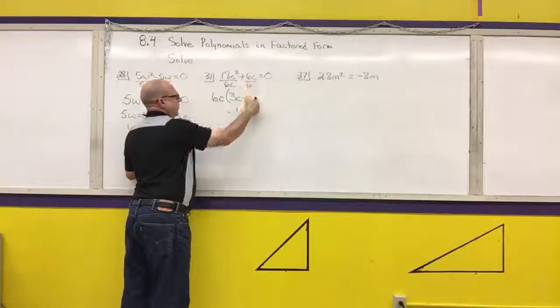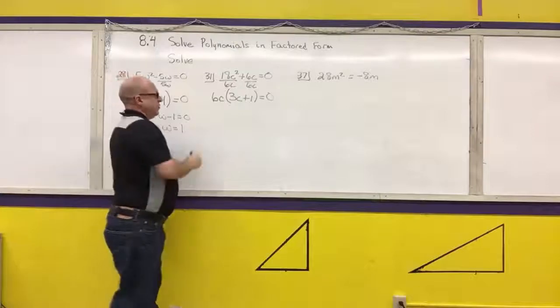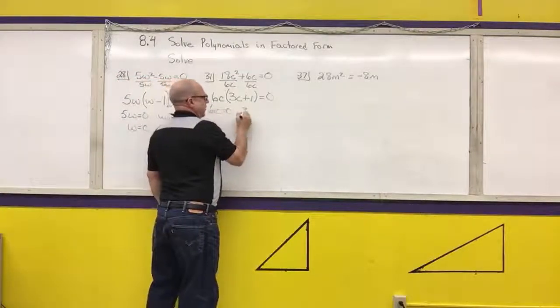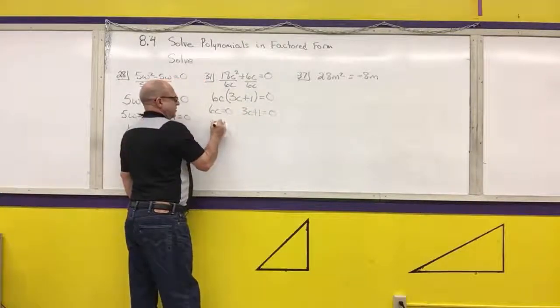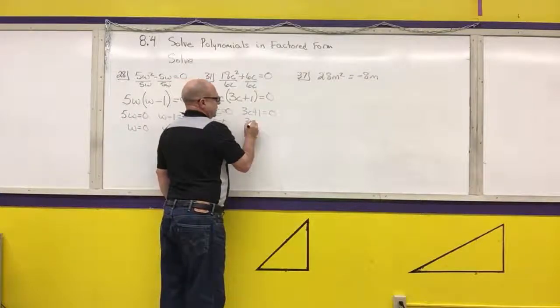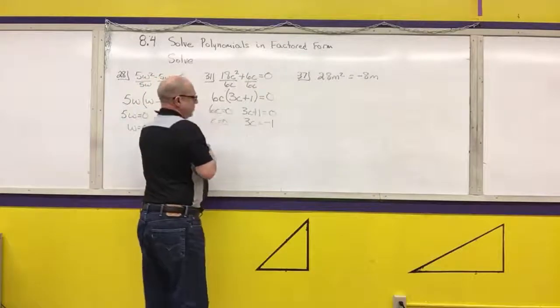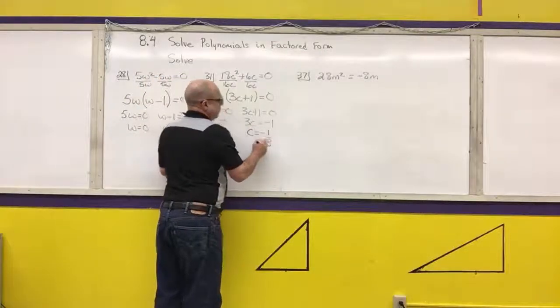C divided by c is 1. Set each of these factors equal to 0. I get 6c equals 0, and 3c plus 1 equals 0. So the first one, c is 0. The second one, I get 3c is negative 1. Divide by 3, and I get c is equal to negative 1/3.